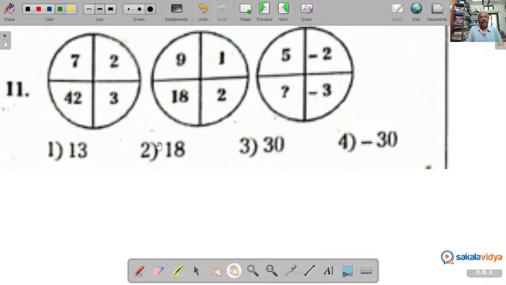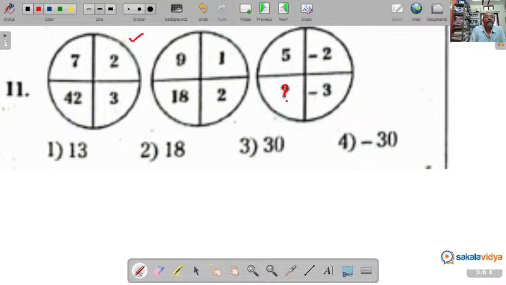See, here a figure is divided into 4 parts and each part is filled with numbers. Here we have 7, 2, 42, 3, 9, 1, 18, 2, and next one is 5, -2, question mark, and -3. The question mark we need to find out.